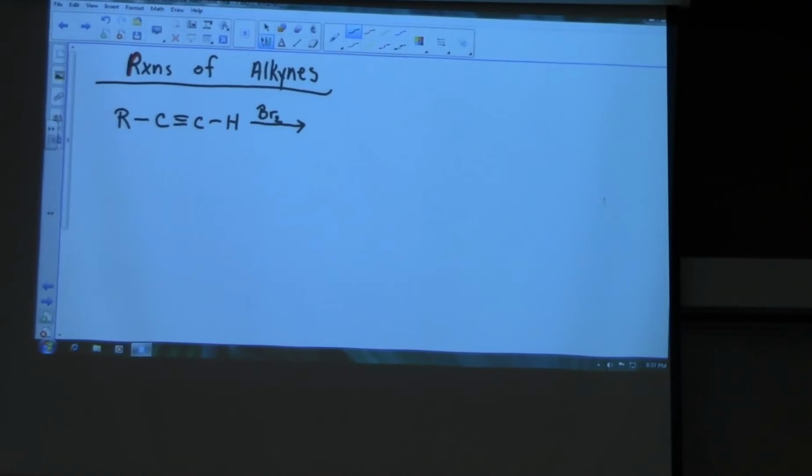If I were to add bromine across an alkyne, assuming that there is excess bromine, in other words, more than enough to make the reaction go, what would you expect this to form?